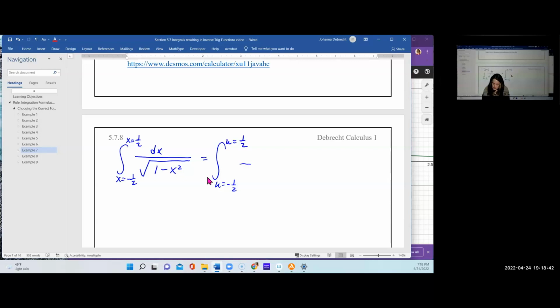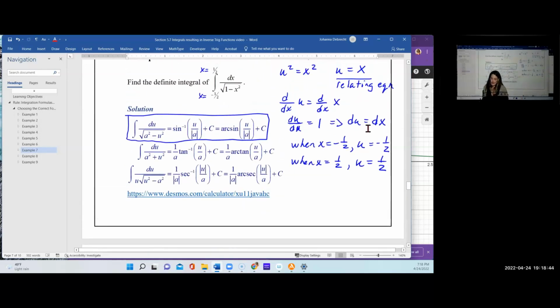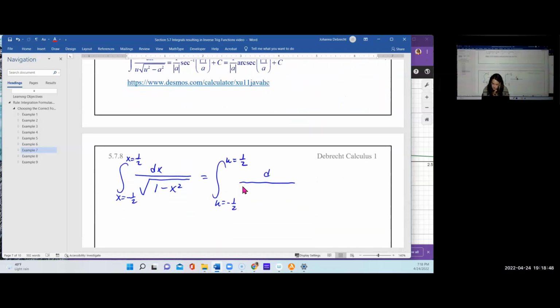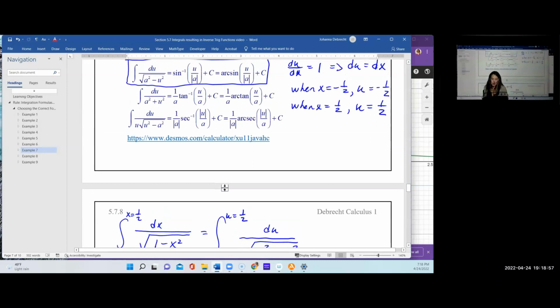To replace the differential dx, I have the expression du. And to replace the 1, I have a squared. And to replace the x squared, I have u squared. Now it looks exactly like the formula on the left involving arcsine.